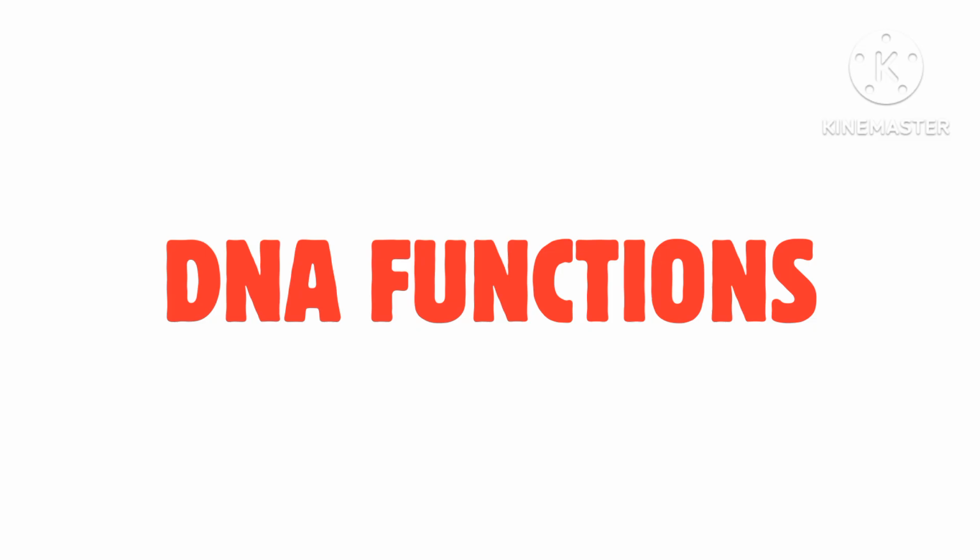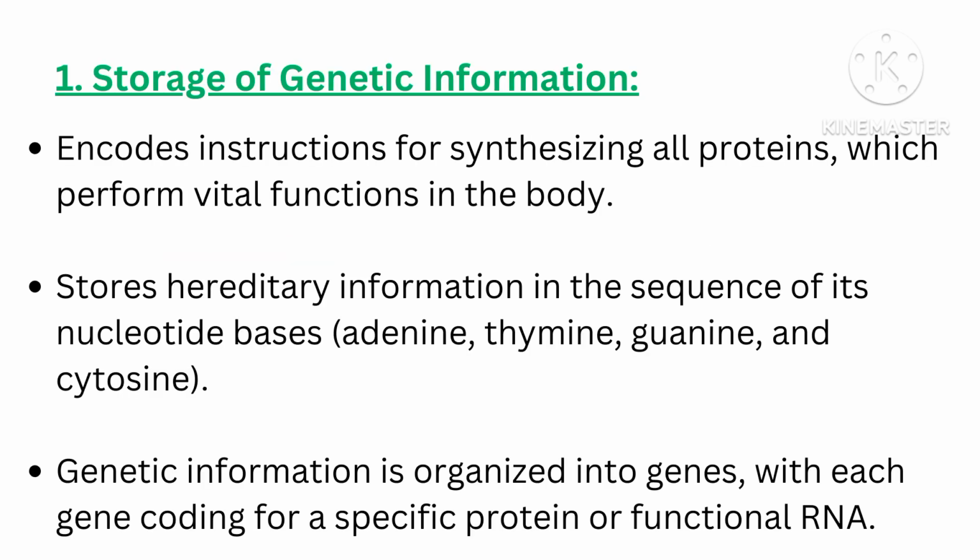Its functions can be broadly categorized into genetic, structural, and regulatory roles. Storage of genetic information. DNA is the repository of all genetic information required to build and maintain an organism. Encodes instructions for synthesizing all proteins, which perform vital functions in the body.